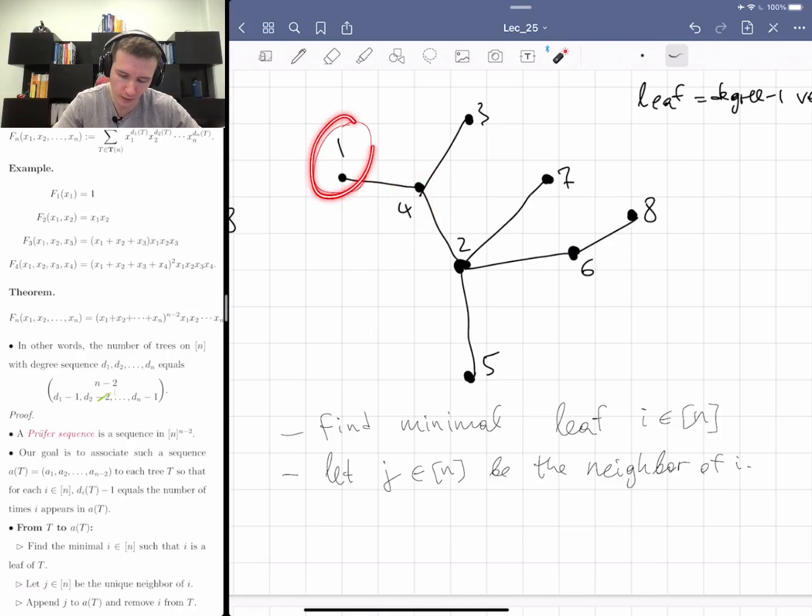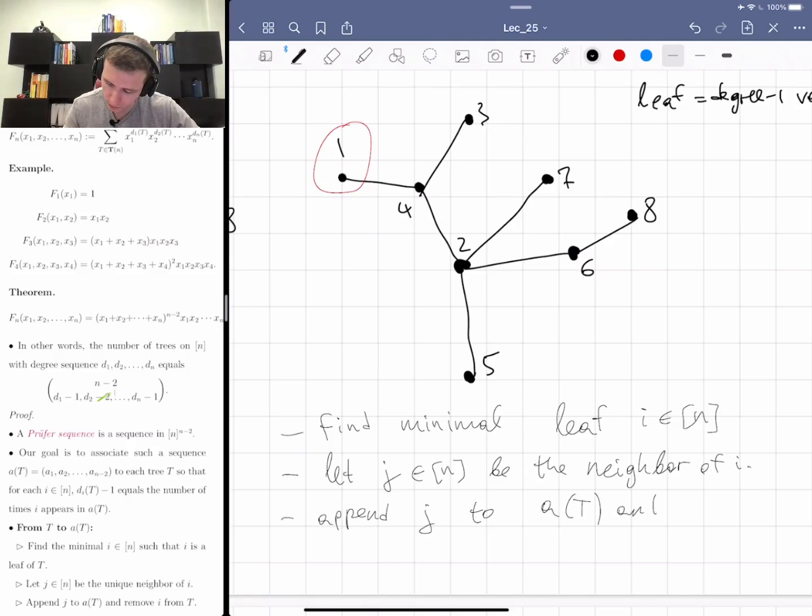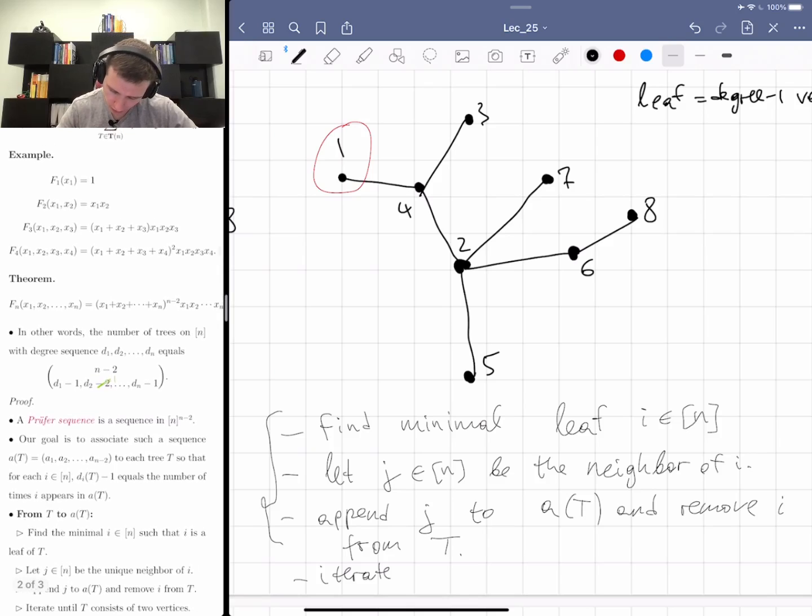So even though I'm looking at the leaf 1, I'm going to record 4. So append j to A of T and remove i from T. And then you just iterate these 3 steps until T has 2 vertices, and then you stop. So you record exactly n minus 2 numbers.